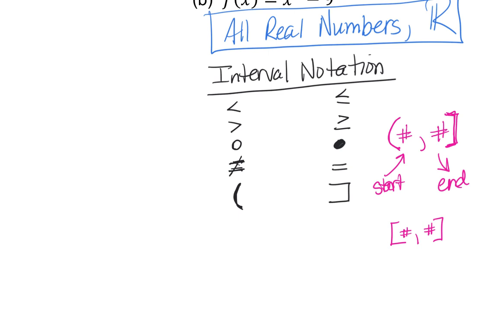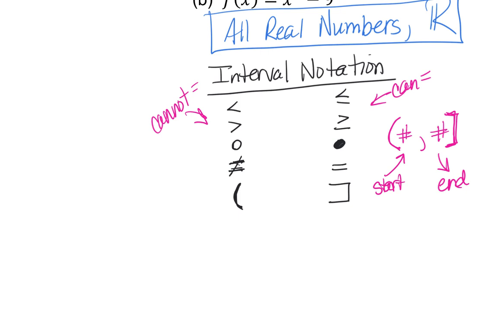So just keep in mind, starting, ending, brackets, parentheses, they have meanings, okay? So this one is cannot be equal, and this is can equal. And that's whatever number you're dealing with.